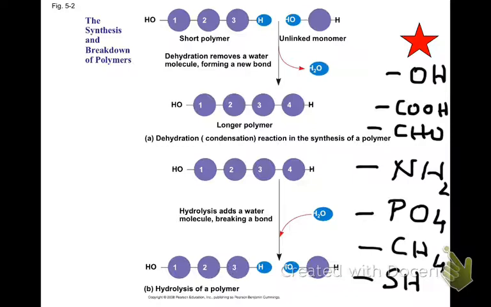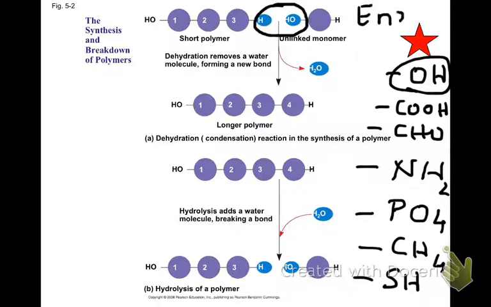In this case, we are going to talk about how a polymer is being made, or how monomers attach to give you a polymer. We are only talking about the hydroxyl group right now. The hydrogen of the short polymer and the hydroxyl group of the new monomer that has come into the picture come together in the presence of an enzyme.